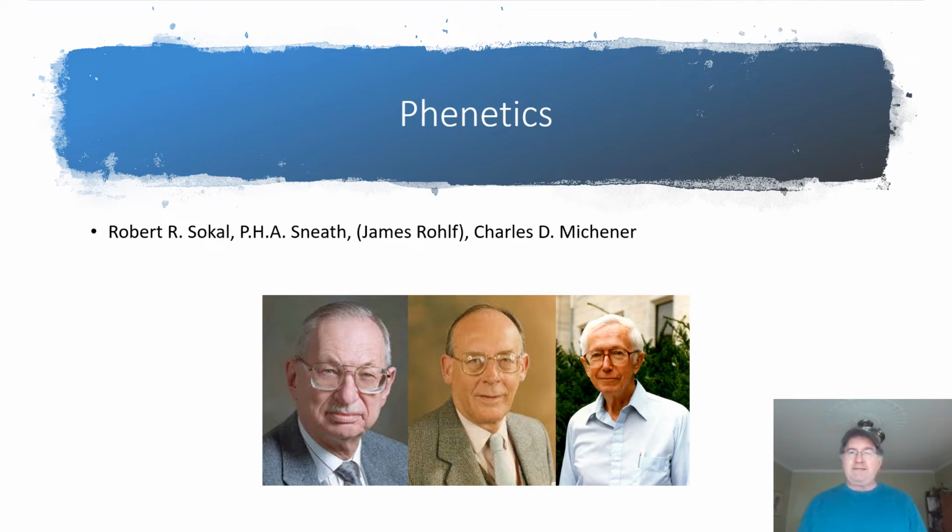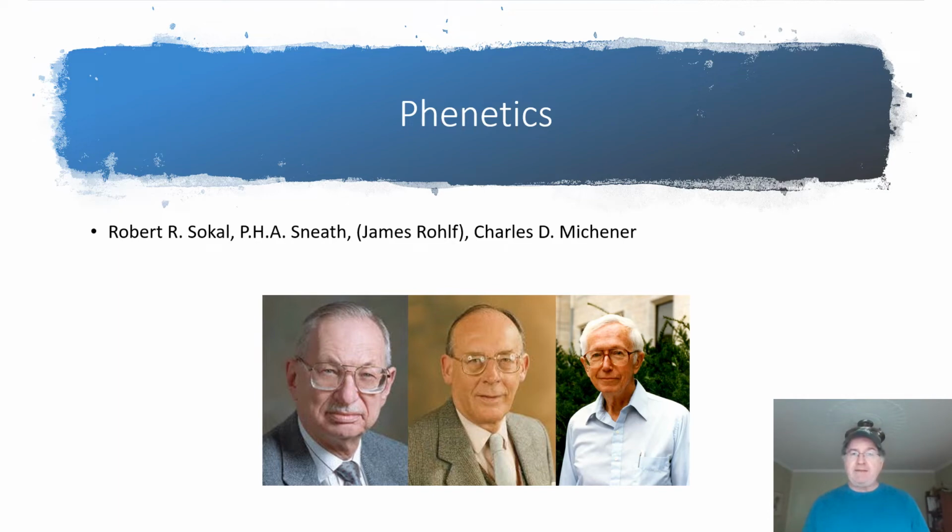As I told you last time, in the early days, this field really got prominent status because of a book published by the two gentlemen on the left of this image. It's Robert Sokal on the left and P.H.A. Sneath in the middle. And the book was called Numerical Taxonomy.